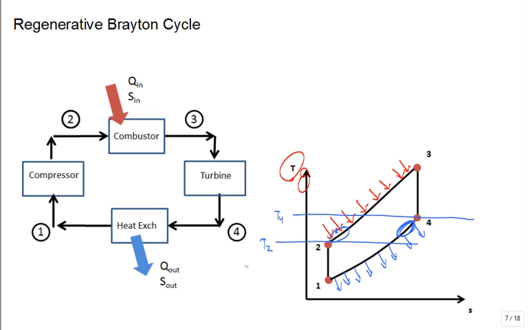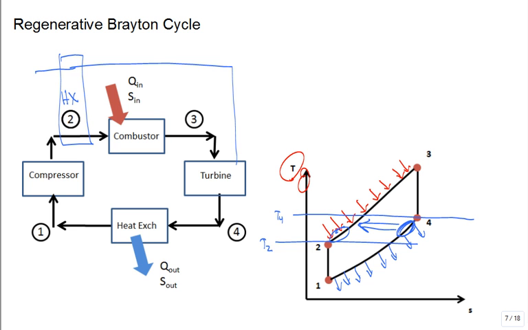So if we could somehow get this heat transferred over, we wouldn't throw it out to the environment, we would put it into the cycle where it's useful. Same idea. So we take the turbine right here and we reroute. Take it out of the turbine, come back and put it into a heat exchanger, then continue on.